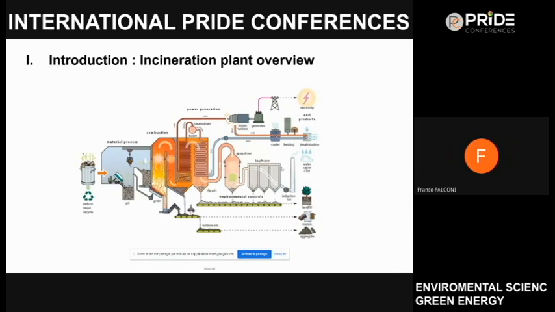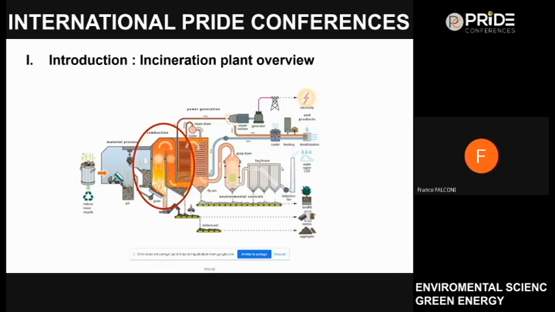So how does it work? First of all, we have the waste from houses that is collected by trucks. Then it arrives to a pit where we have a big mechanical crane that will take all this waste and will put it into the grate, as we can see here.